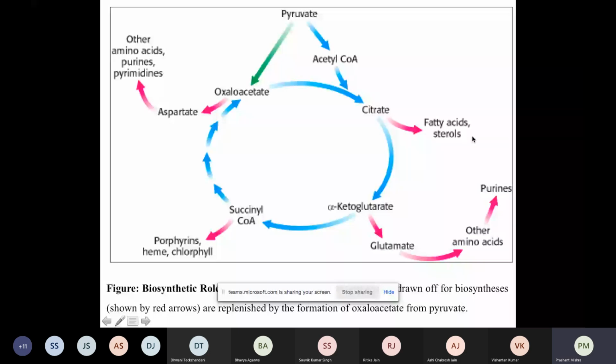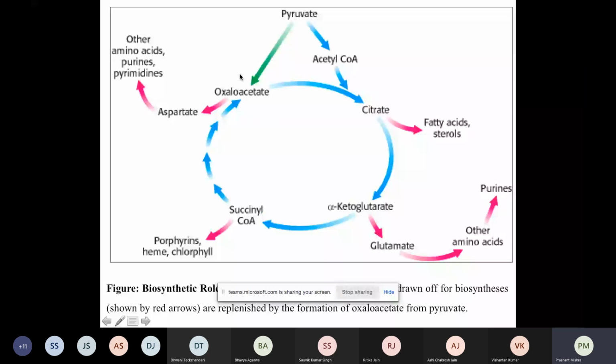Now you can see a very interesting point: some of the intermediates of the citric acid cycle can leave the pathway for synthesis. So the question is, if I have one molecule of citrate and I remove it, will the cycle continue? And if not, then how should it be continued? The answer is that if I remove any of the molecules from here in molar concentration, the reaction will stop.